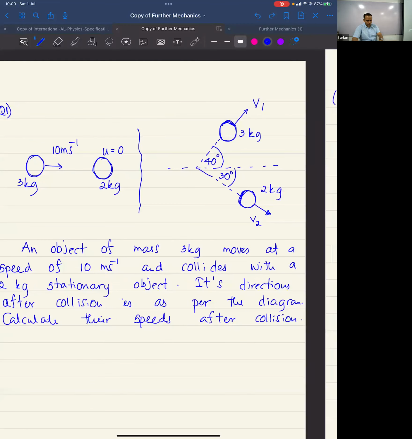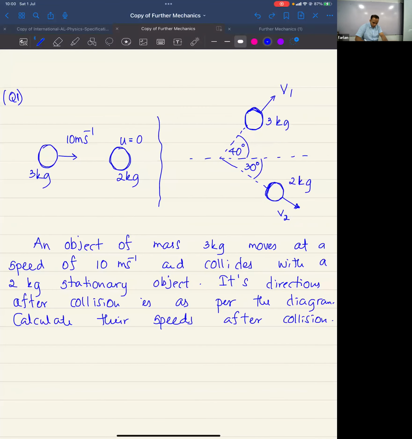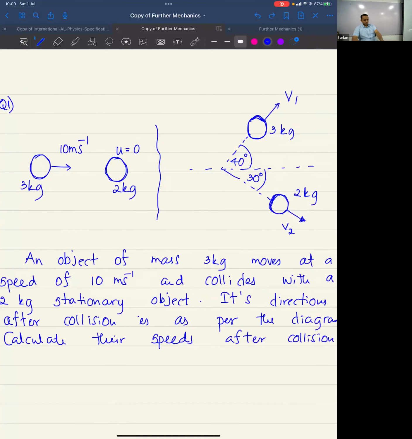After the collision, the 3 kilogram object is moving at a velocity of v1, and the 2 kilogram object is moving at a velocity of v2. The 3 kilogram object is making an angle of 40 degrees with the initial direction, and the 2 kilogram object is making an angle of 30 degrees with the initial direction. Please draw it.